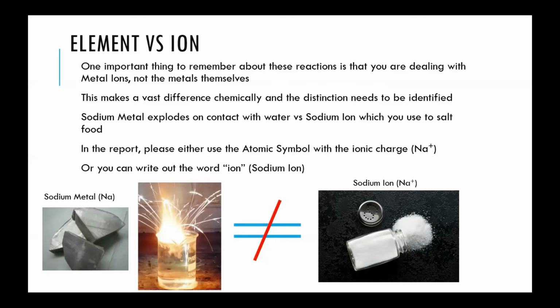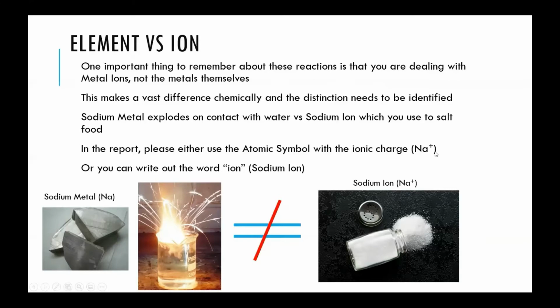When you are recording something or writing in a report or really anywhere, you need to indicate whether it's an ion or a metal, because Na is completely different than Na+. In this experiment, you're focusing on the metal ions themselves.